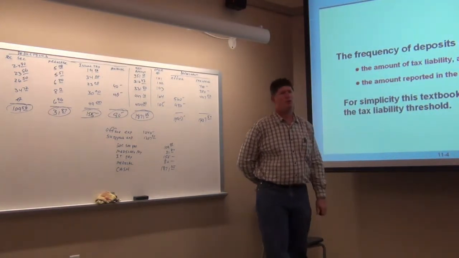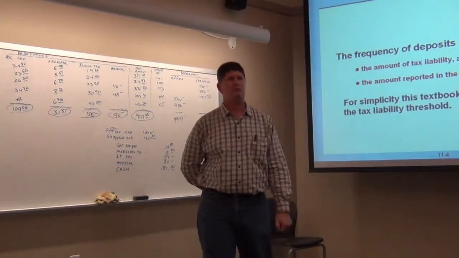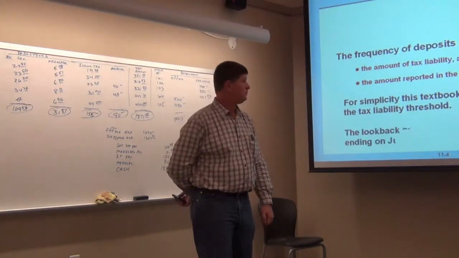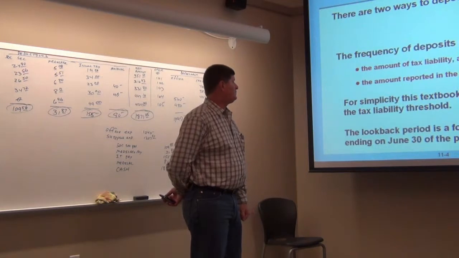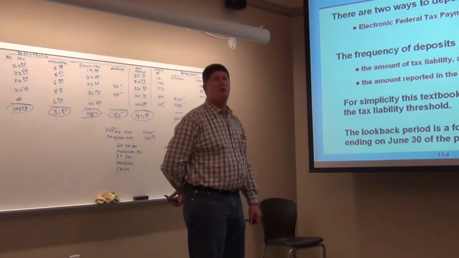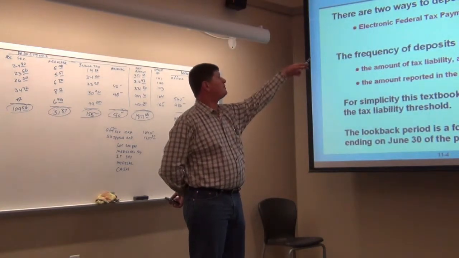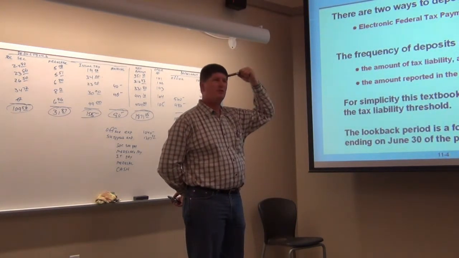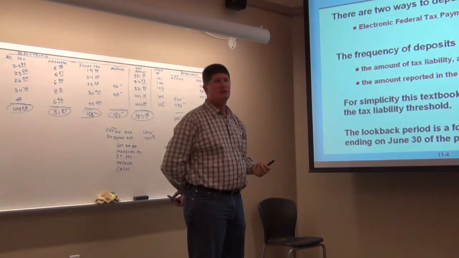Anytime you owe more than $2,500, they want it right now. Most taxes, all your taxes now are paid through this electronic federal tax payment system, EFTPS. Government has an acronym for everything, right?